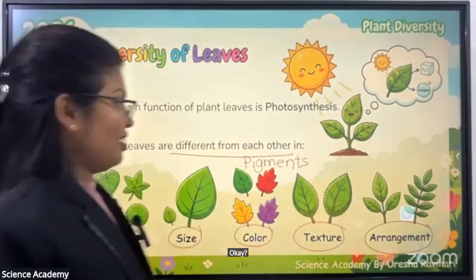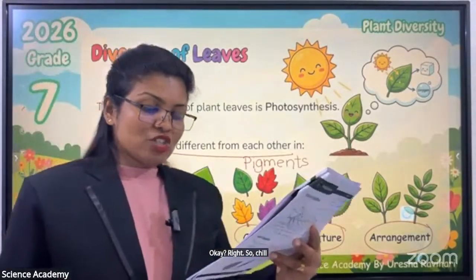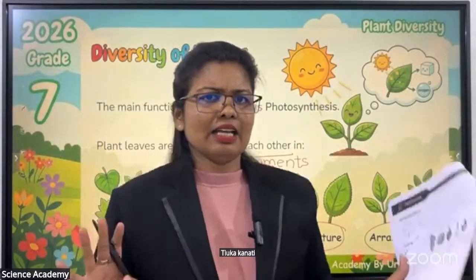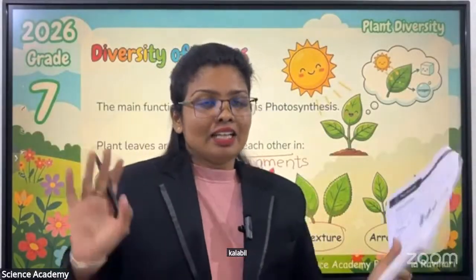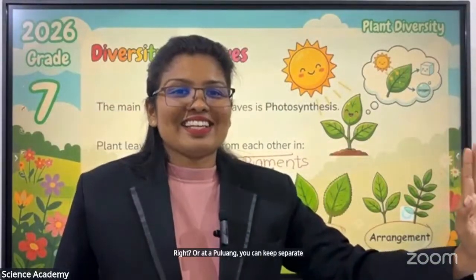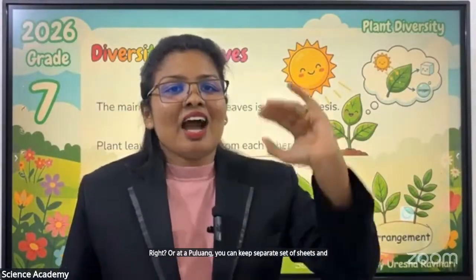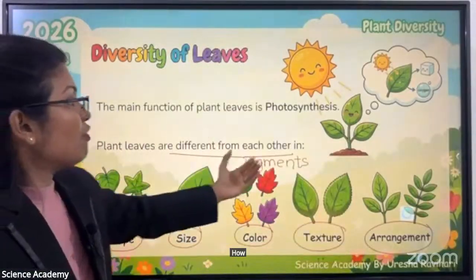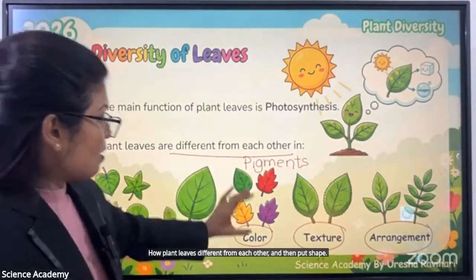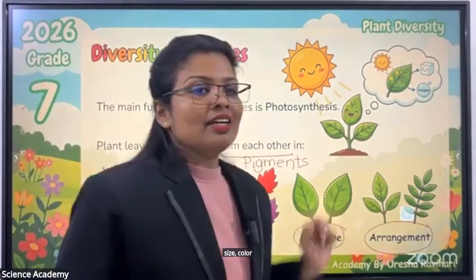Okay, right. So children, turn to page number 9 in your tute. If someone doesn't have the tute, don't worry. You can keep a separate sheet and note down how plant leaves differ from each other, and then put shape, size, color, texture and arrangement.